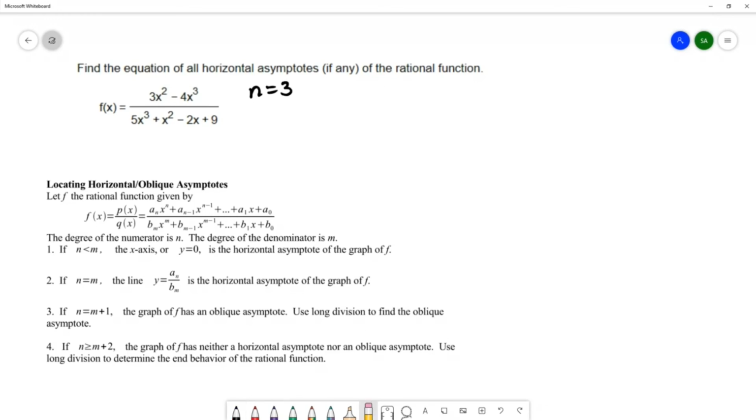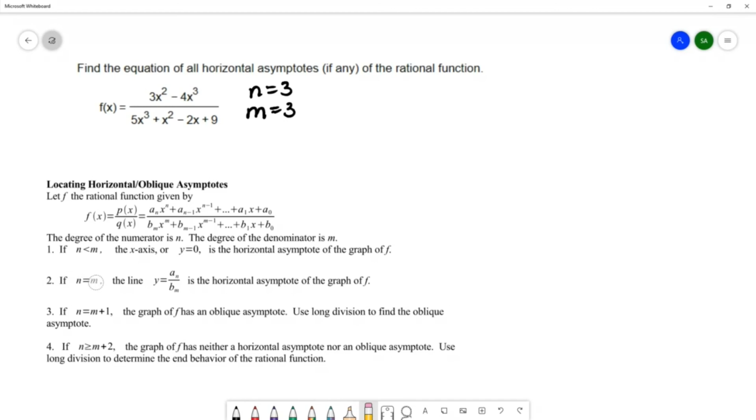And then in the denominator, we have a power of 3, a power of 2, a power of 1, and when there's no x, that's a power of 0. So this one has a degree of 3 as well. So the degree of the denominator is 3. And we can see that those are equal to each other. The degree of the numerator is equal to the degree of the denominator.